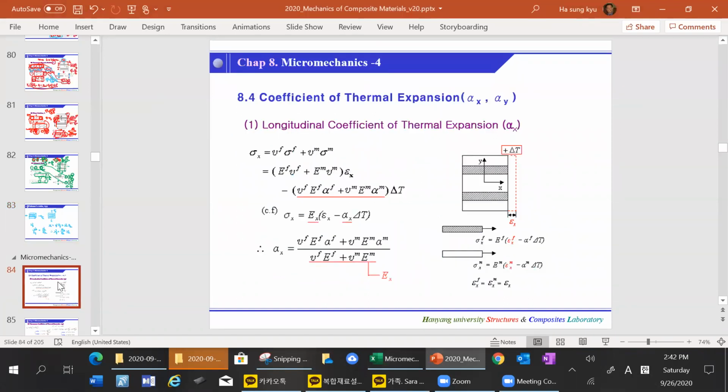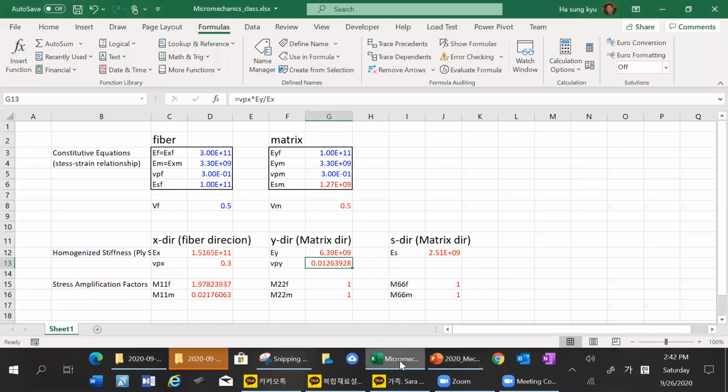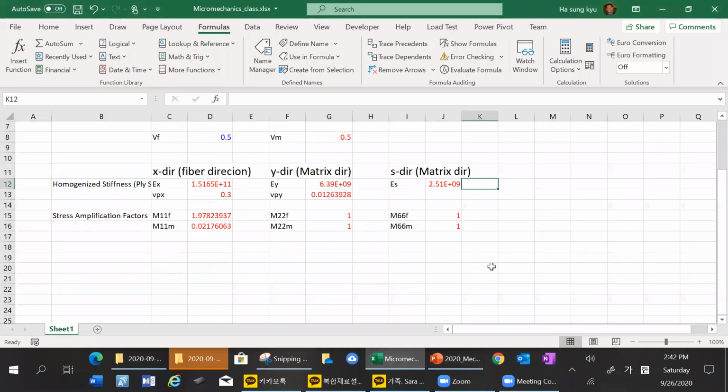Basically that is the equation, meaning that homogenized stiffness. So we have these 5 terms. Basically, this is the A dependent. We don't have to use that.